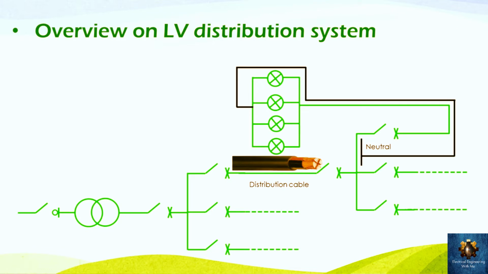As the main distribution panel may lie at the ground floor, while the sub-main distribution panel may lie at the third floor, so we need a cable to link between them. And this cable in that case is called the riser, and from its name it rises from the lower floor, which has the main distribution panel, to the upper floor, which has the sub-main distribution panel.